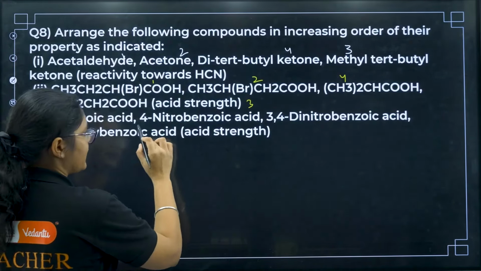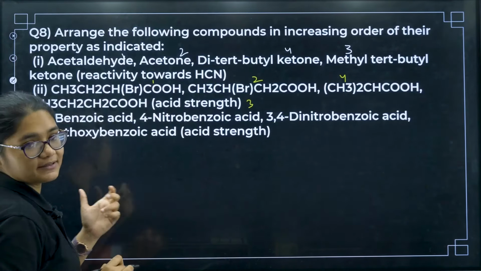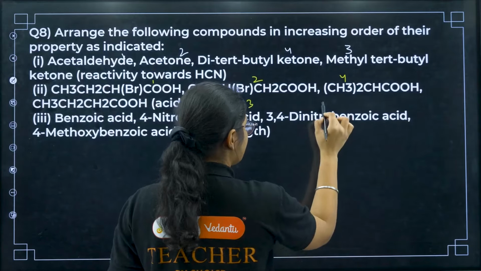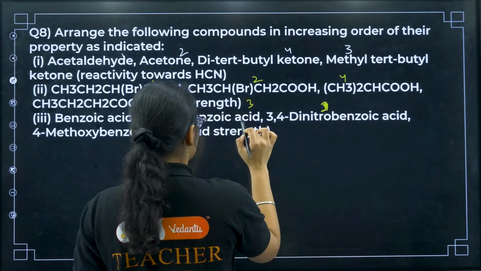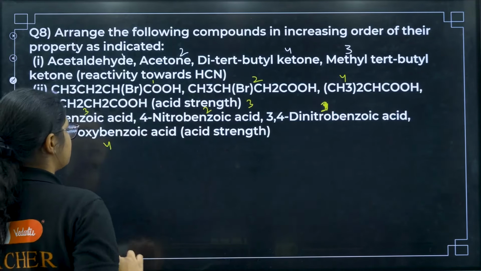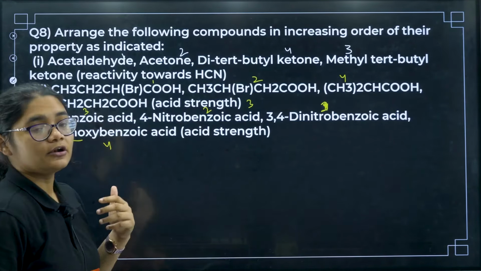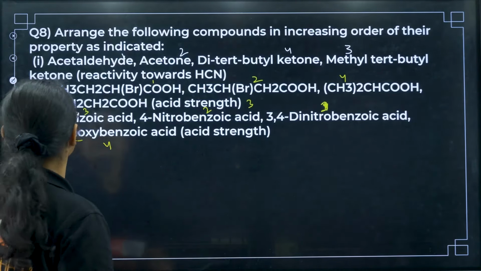Here we have dinitro, so 2 nitro groups are there, so this is 1, the mononitro is 2, benzoic acid is 3, and methoxy will be 4 because it is an electron donating group. Withdrawing groups will always increase acidity, donating groups will decrease it.